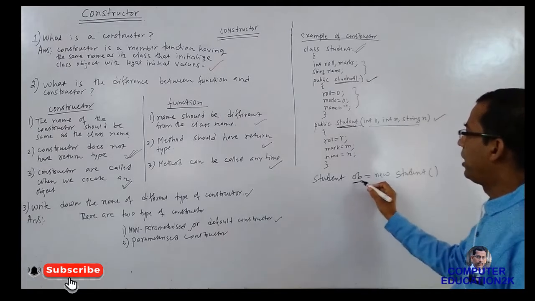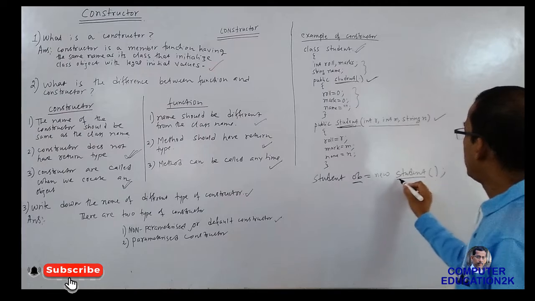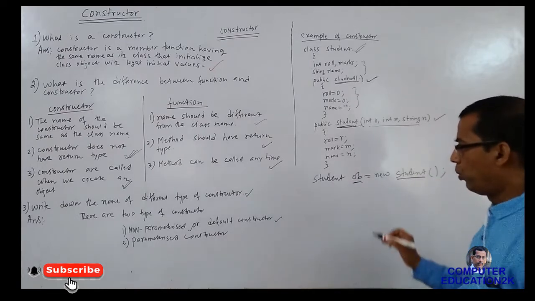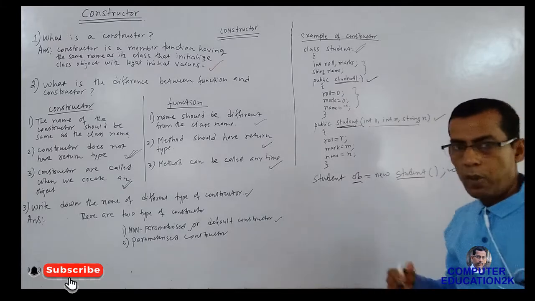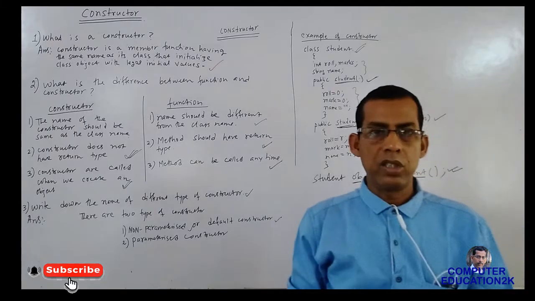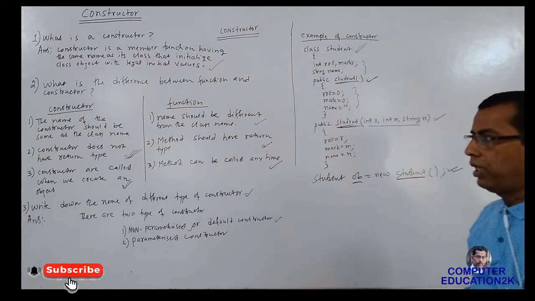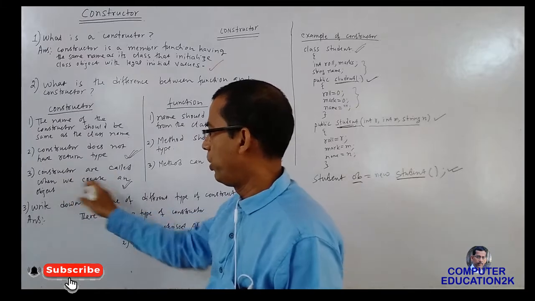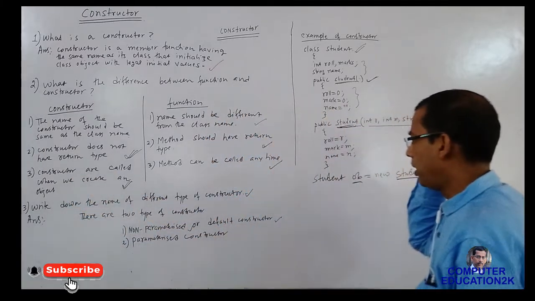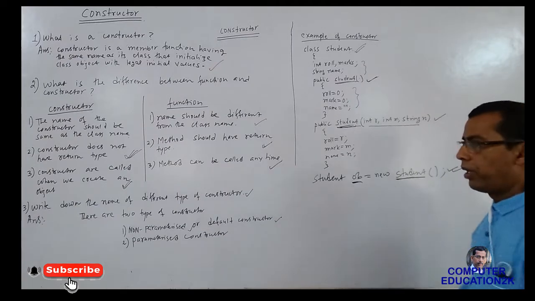See, when you are creating the object, at that time only you can see the constructor name coming here. So at the time of creation of the object, the constructor will be called. Okay, that's why I have written here, constructors are called when we create an object. So here we are creating an object and the constructor is invoked.